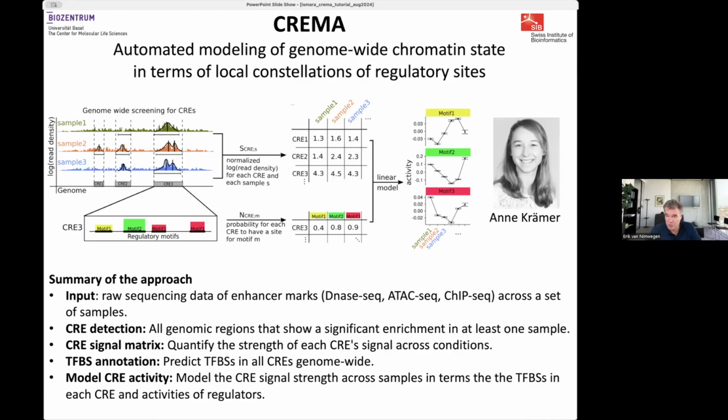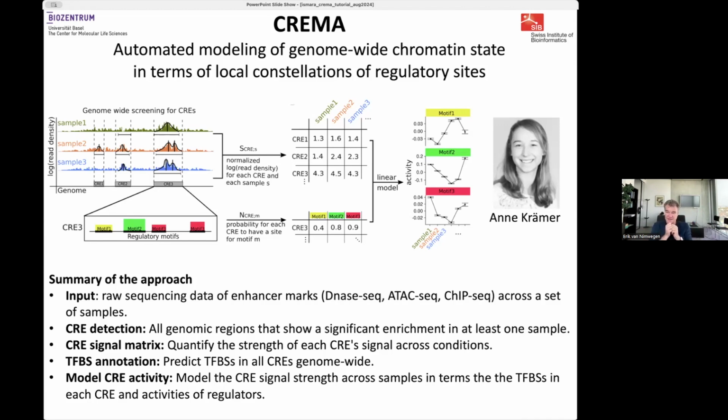And so as input, it takes raw sequencing data of markers of enhancer of some type. So this can be chromatin accessibility data like DNase-Seq or ATAC-Seq, or it could be ChIP-Seq data of chromatin marks that are marks of enhancers like H3K27 acetylation or H3K4 monomethylation.